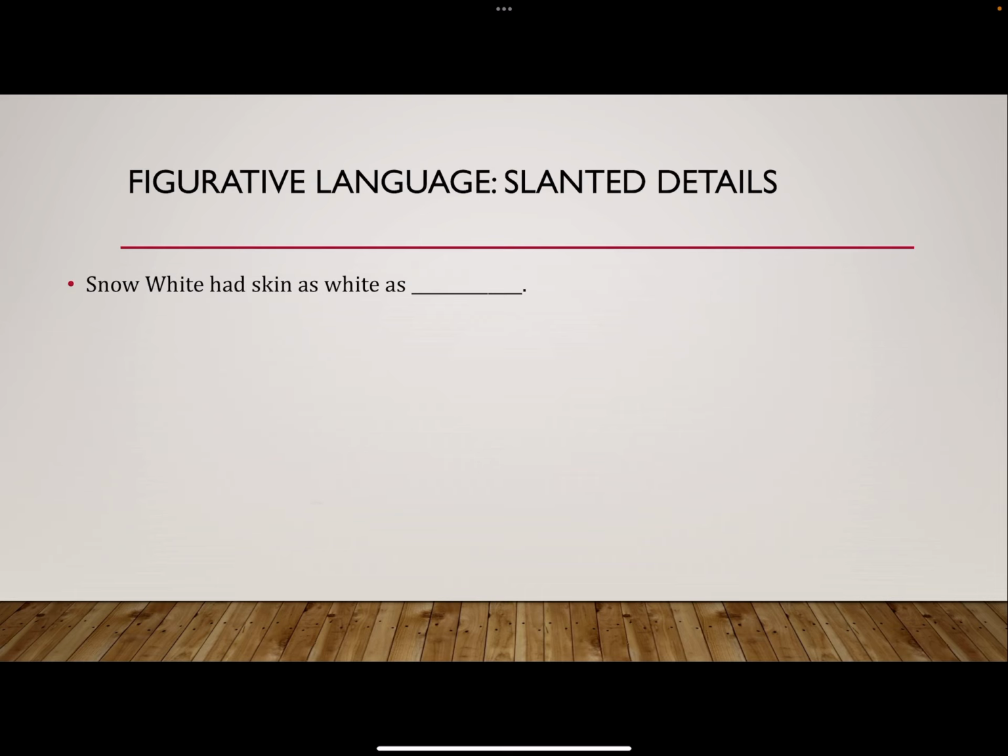I'm going to look at a couple specific examples, and we're going to talk about how different words create different reactions in audiences. All right, so Snow White had skin as white as porcelain, a ghost, the moon. Pause for a moment and ask yourself how these different adjectives make you feel.